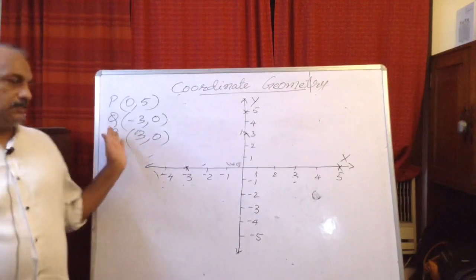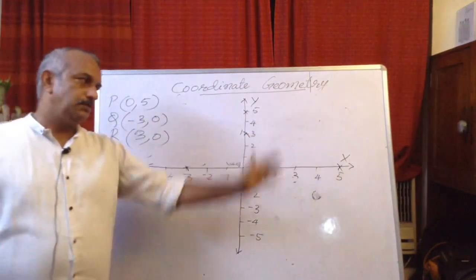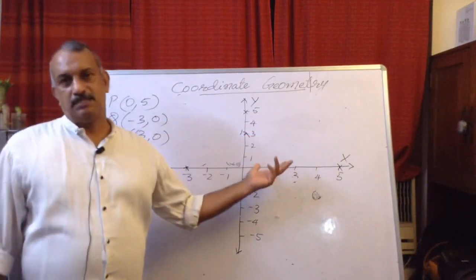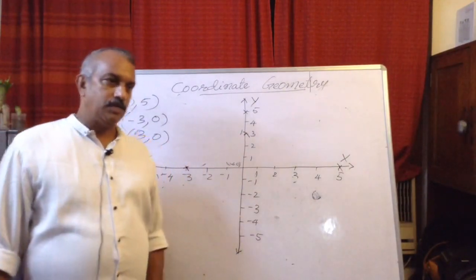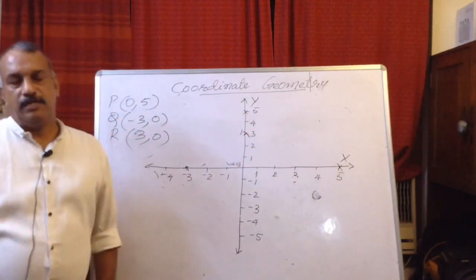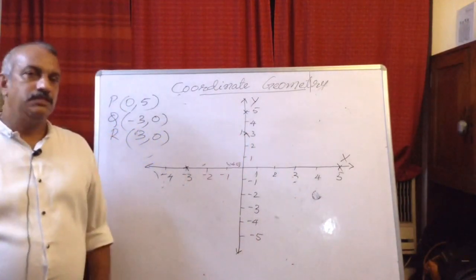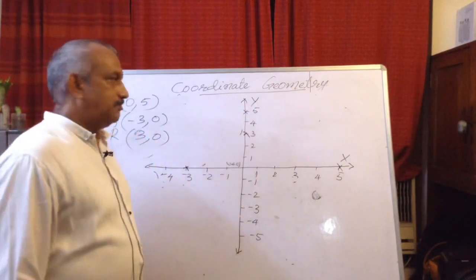This is just outside, which is not in the book. Actually you have to do only two types of questions. If a point is given and you are asked its x coordinate and y coordinate, you should be able to answer. Then plot the points on a Cartesian plane, you should know. Then in which quadrant they lie. Only these questions are there. Then I told you fill in the blanks.